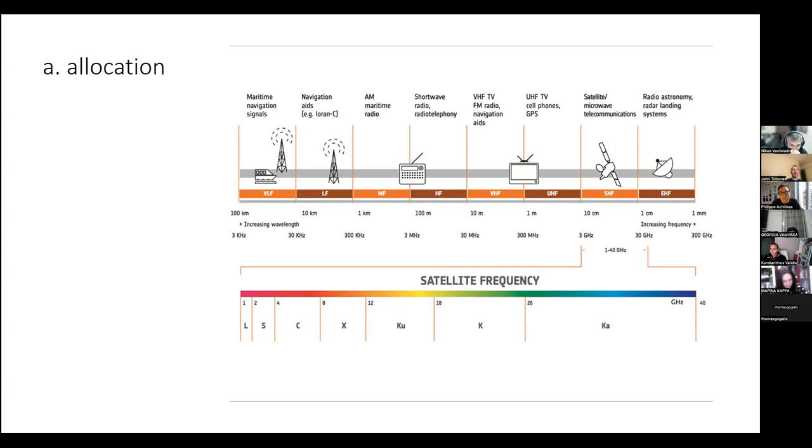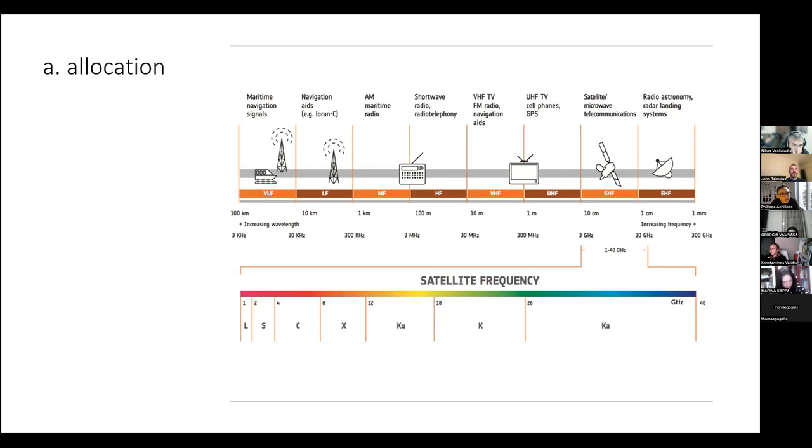And you see that we share the spectrum by bands. We give names to the bands. We use letters to identify each band. So we have a band for mobile communications, a band for radio services, a band for TV services, a band for satellite services, a band for military services. So it's a first step to have a good usage of the resource, by which each sector will receive dedicated frequencies.